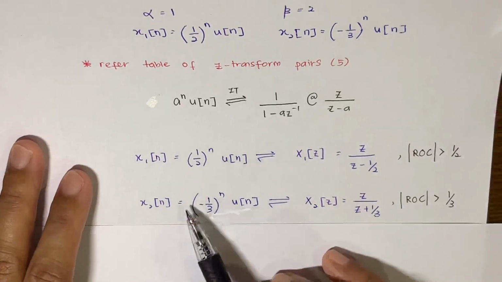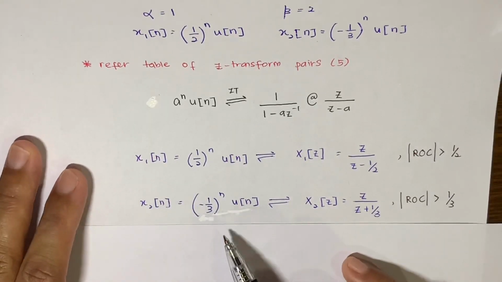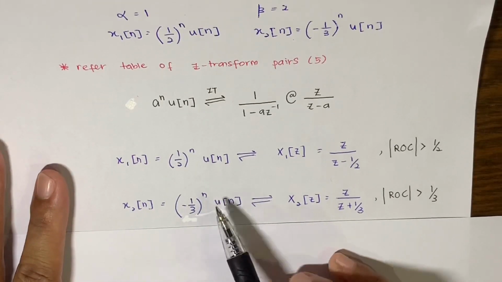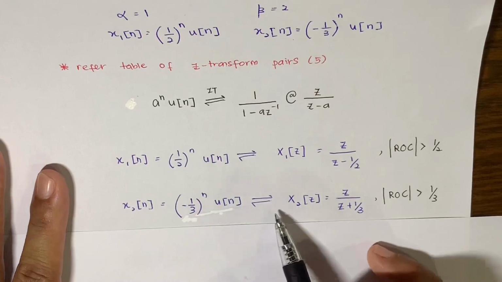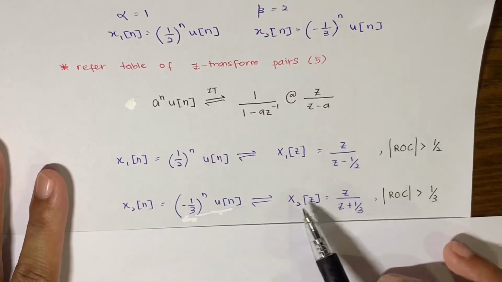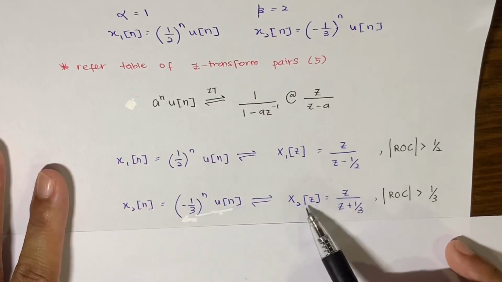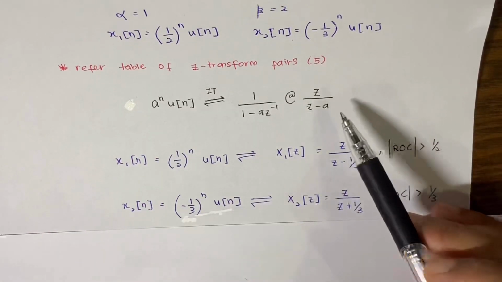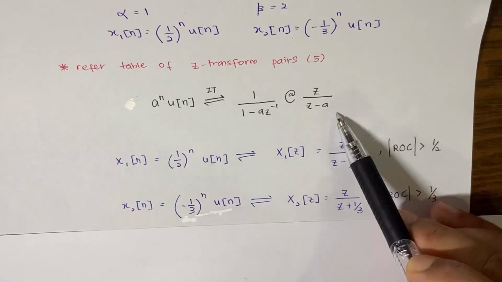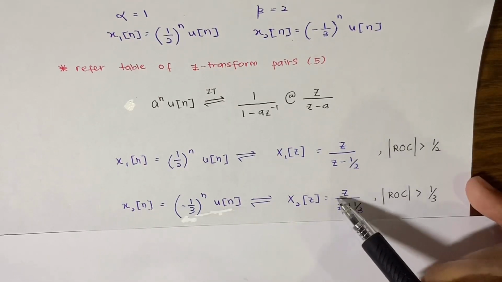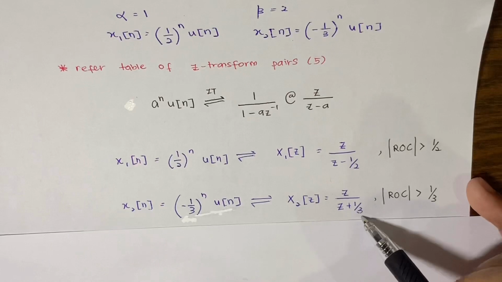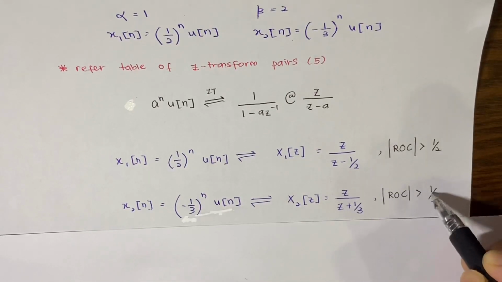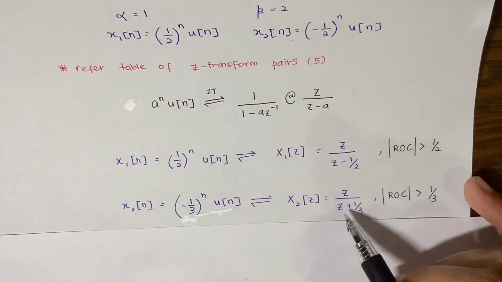X2[n], we have (-1/3)^n u[n], and then we need to perform Z transform for this signal. So by using these Z transform pairs, you will get Z over Z plus 1/3, and the ROC is greater than 1/3.